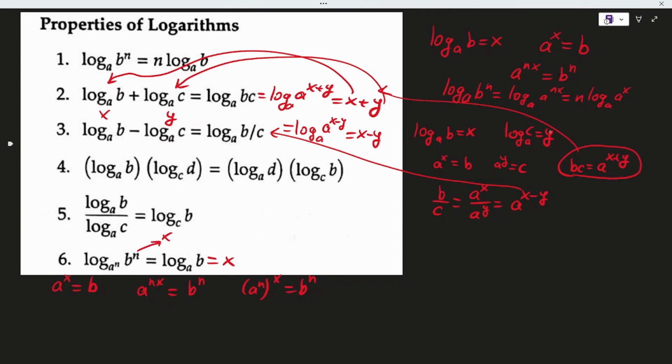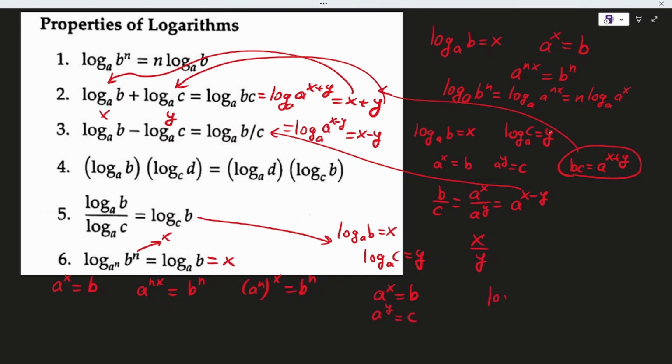Now let's prove lemma 5. In lemma 5, once again, assume that log base a of b equals x and log base a of c equals y. In this case, log base a of b divided by log base a of c can be written as x over y. We know that a to the power of x equals b, and a to the power of y equals c.